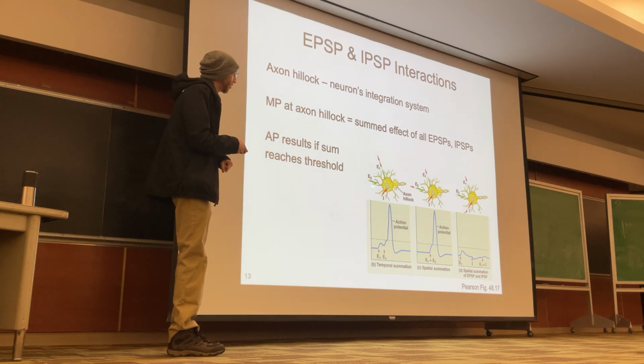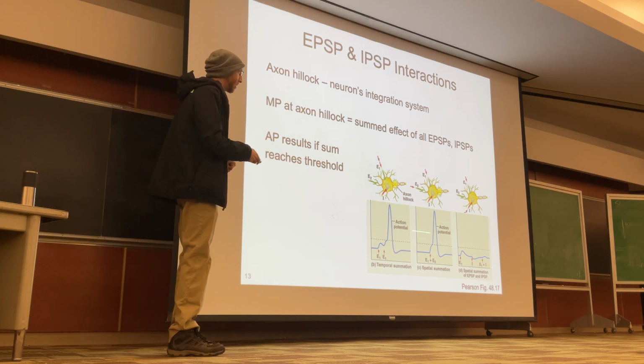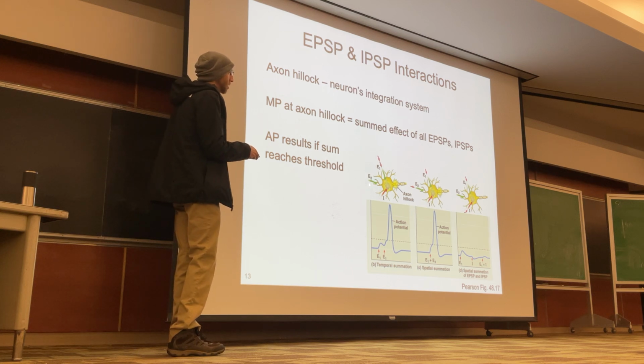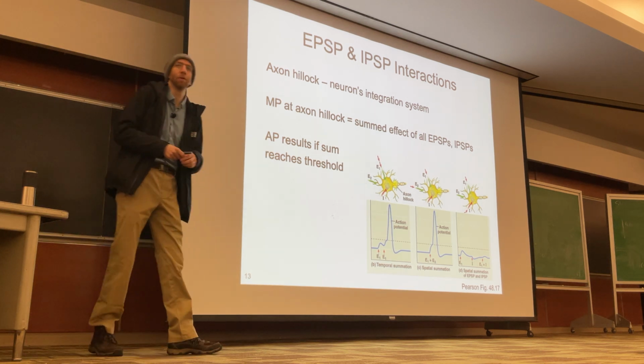So we have all our signals coming in, like we just saw, whether it's temporal summation or spatial summation. The idea is that you're going to get these signals to the dendrites and the cell body, but you won't actually make an action potential back here in the dendrite. You don't make action potentials in dendrites. You start it right here at the axon hillock, and if you're successful, then that's going to transmit down that axon.